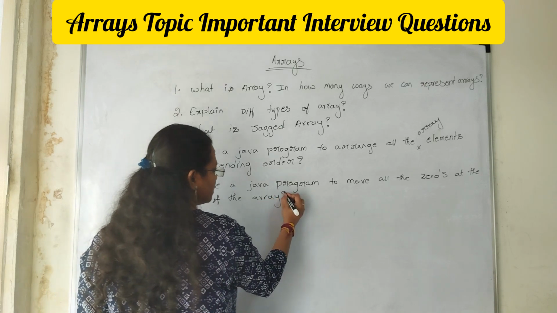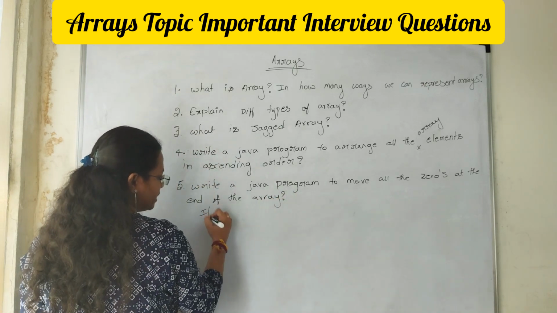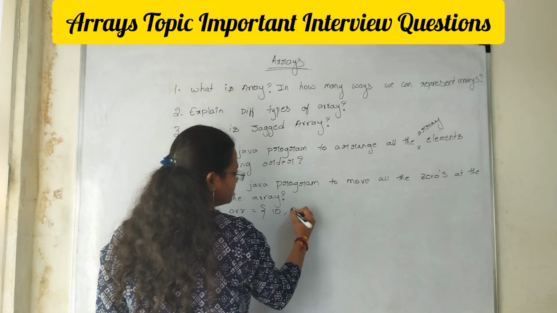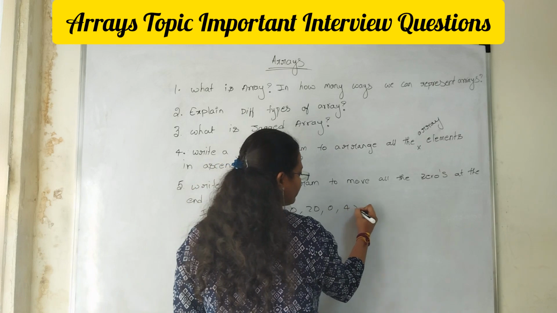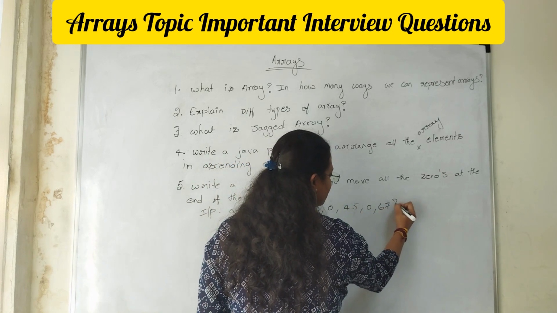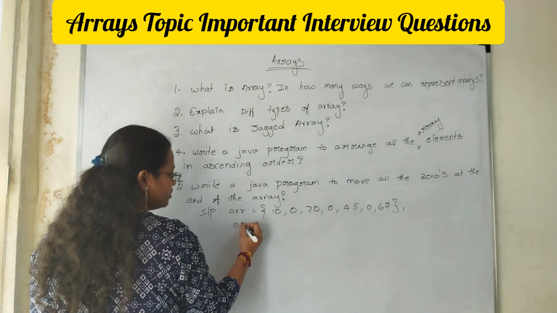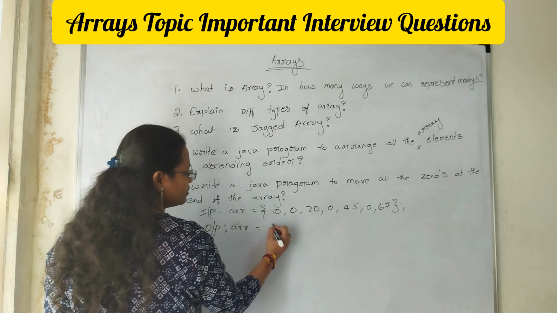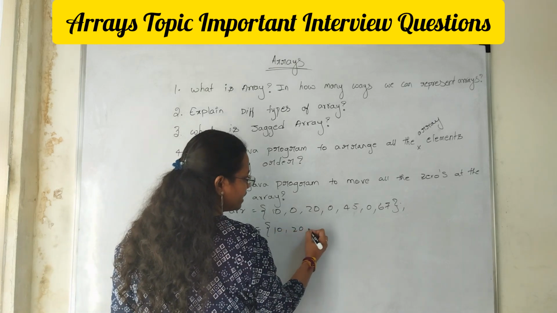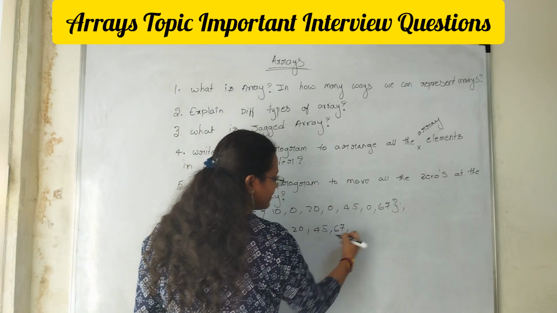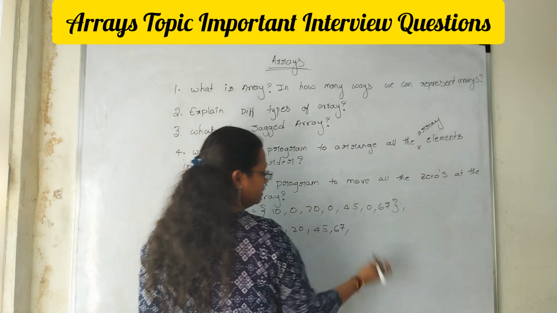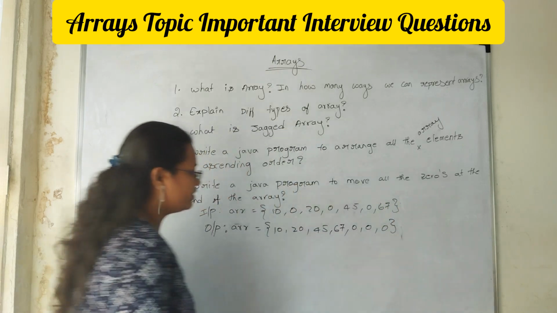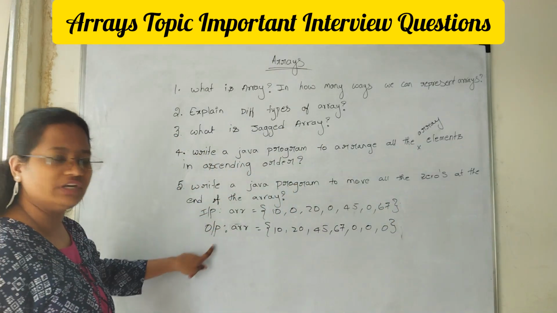For example, if I take the input array as {10, 0, 20, 0, 45, 0, 67}, you need to display the output array as 10, 20, 45, 67, with all the zeros moved to the right end: 0, 0, 0. So we give the input like this and we need to get the output.